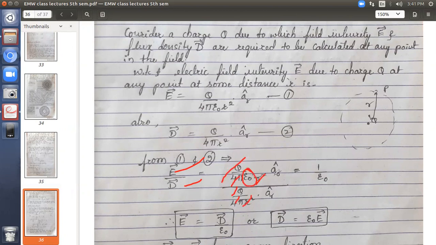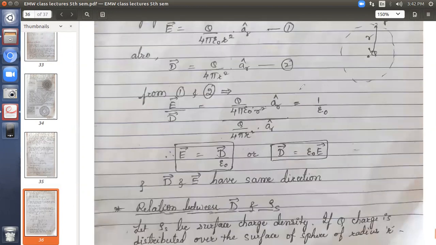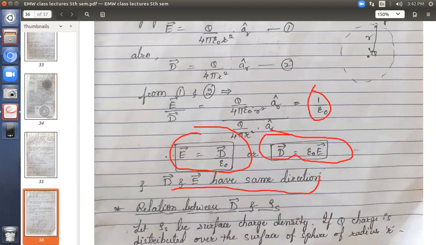Here epsilon naught will remain, and please don't cancel the unit vectors. Both unit vectors are the same, meaning the direction of both is the same. So this is equal to 1 by epsilon naught, or the relation is D equal to epsilon naught into E. And they both have the same direction because both have a_R as the unit vector. This is the first relationship. This is helpful while solving problems.